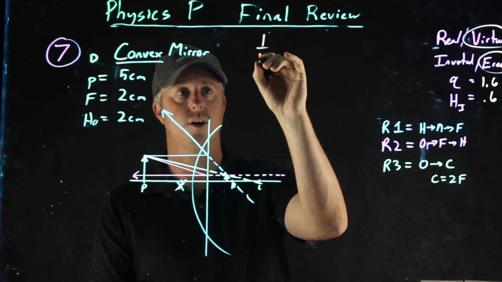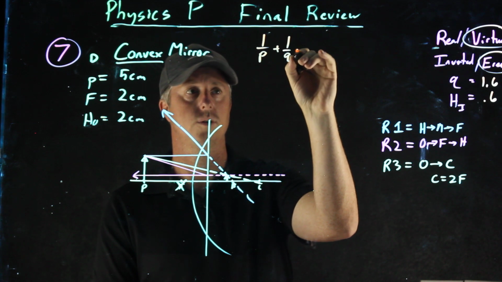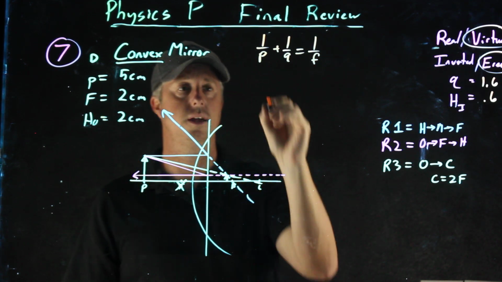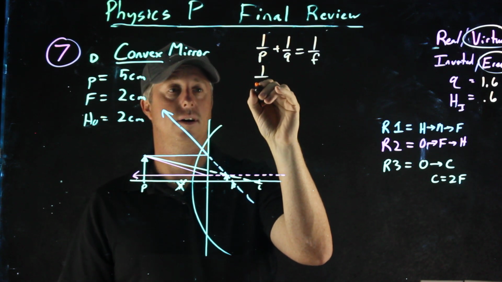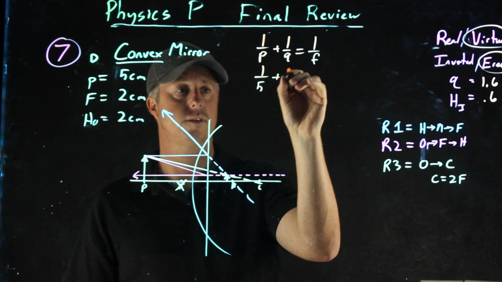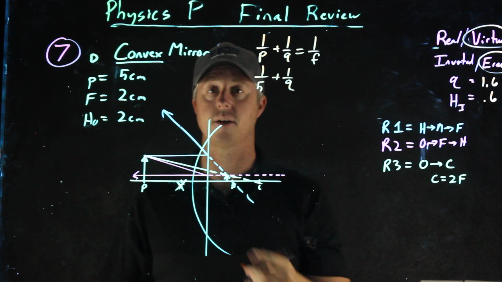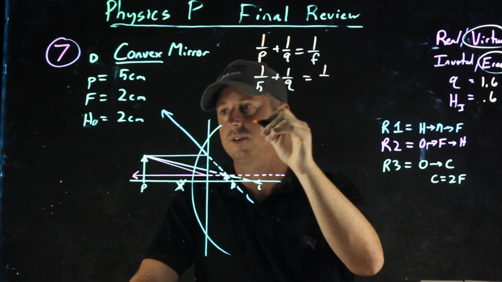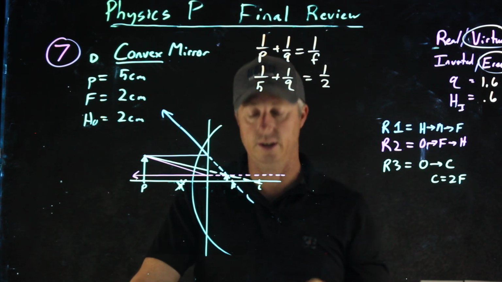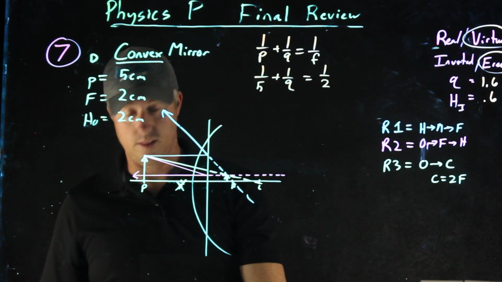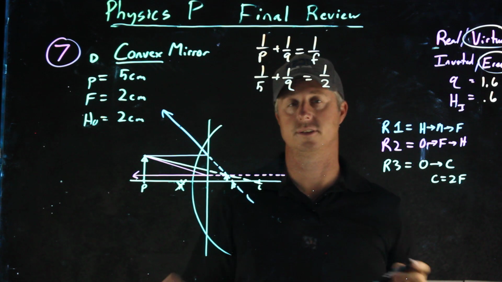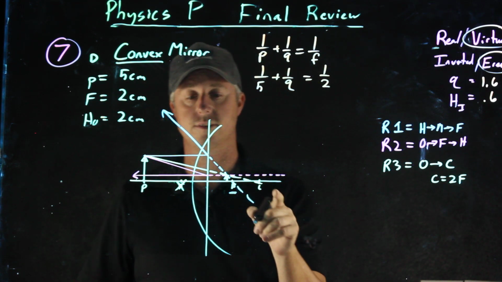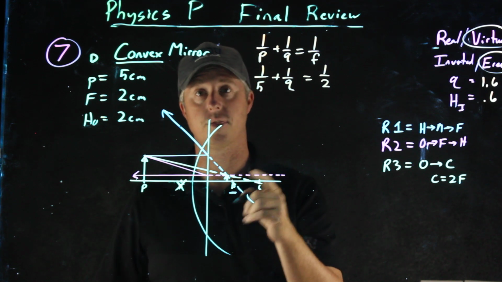I'm going to do my 1 over P plus 1 over Q equals 1 over F. Okay, so what is my P? Well, my P is 5 centimeters. I'm trying to determine and verify my Q, so I'll leave that as a variable. And F is 2. Now, in the last video, I talked about positive and negative F. The F that I used was this one, and that is on the side that is always imaginary, not the real being.